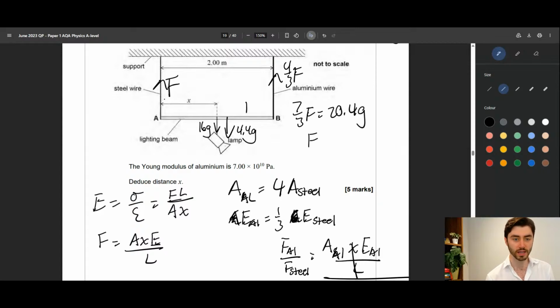So the force here is 3/7 of 20.4 g. And I like the fact that it's over 7 because 9.8 is divisible by 7. So that should come to a nice clean number. So it's 3 times 20.4 times 9.81.